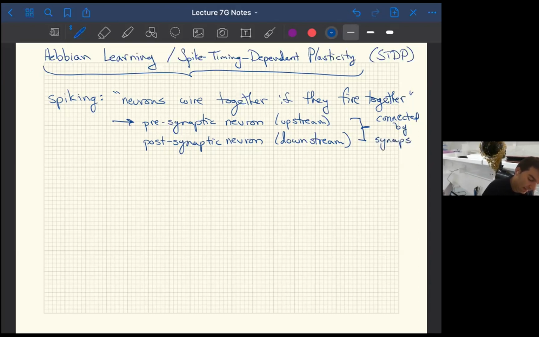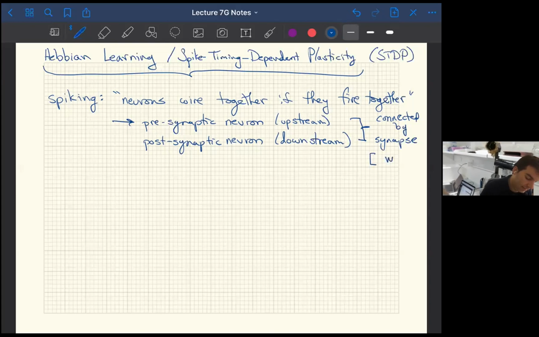We can view that synapse as having a weight, W_IJ.